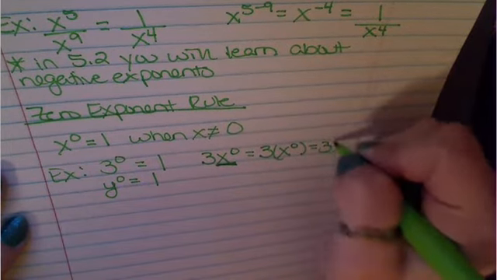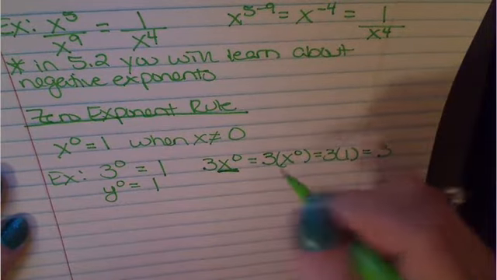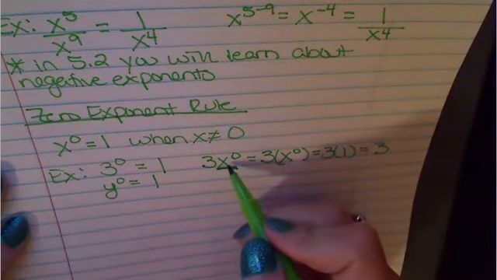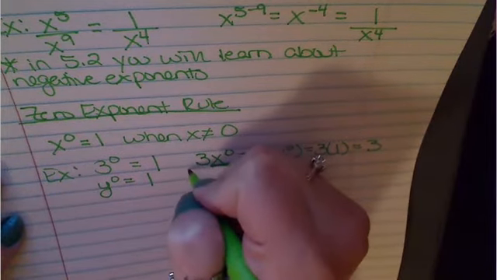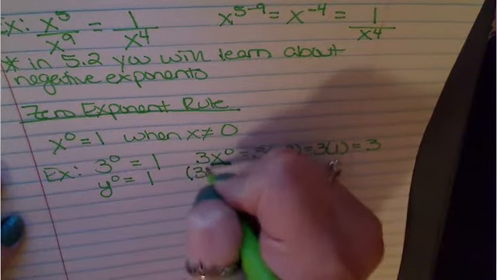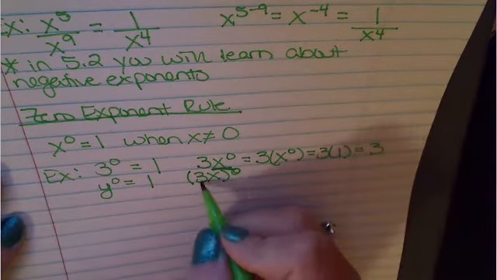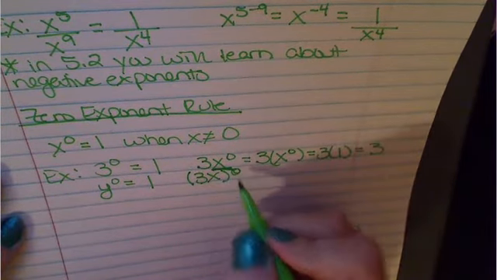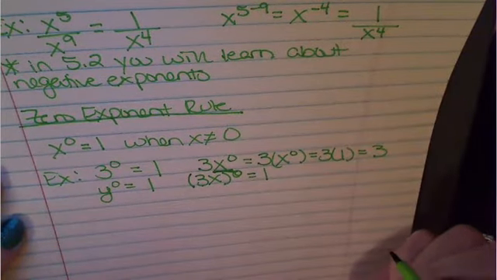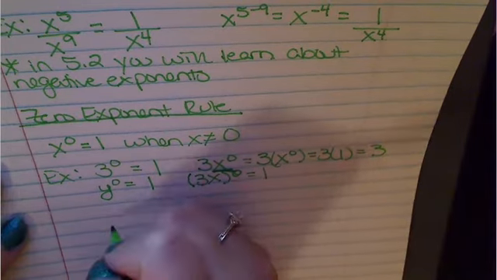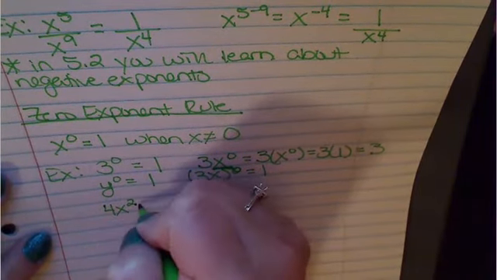So you have to be careful and watch exactly what that exponent is attached to. That's different than if we would have written it like this, (3x) to the 0 power. Now the 3 and the x are both raised to that 0 power, so that equals 1. Let's do one more. We have 4x squared, y to the third, z to the 0.